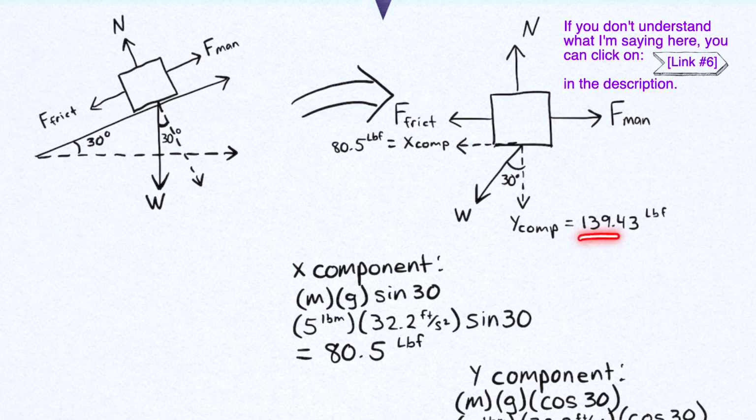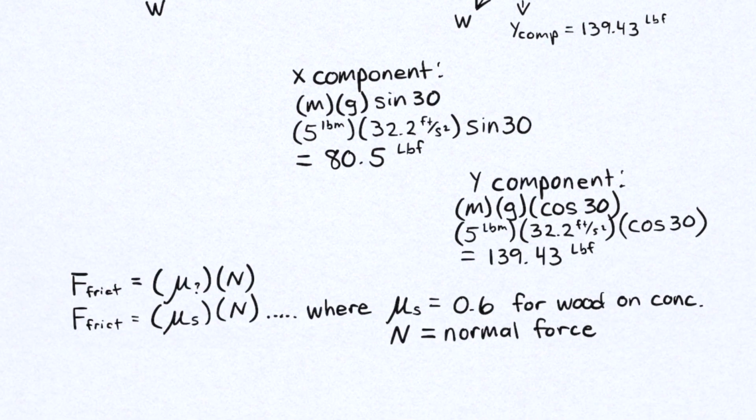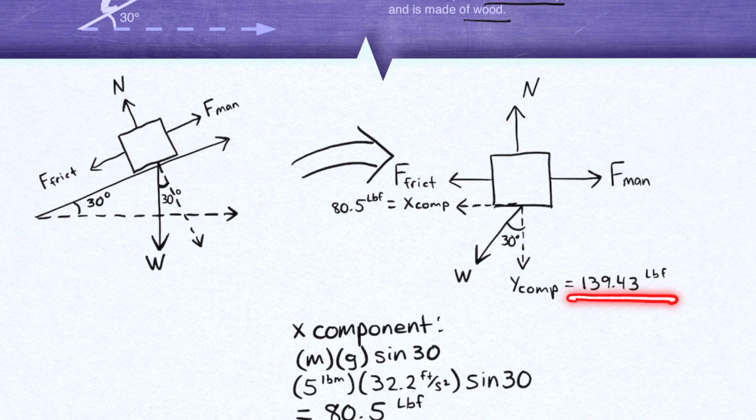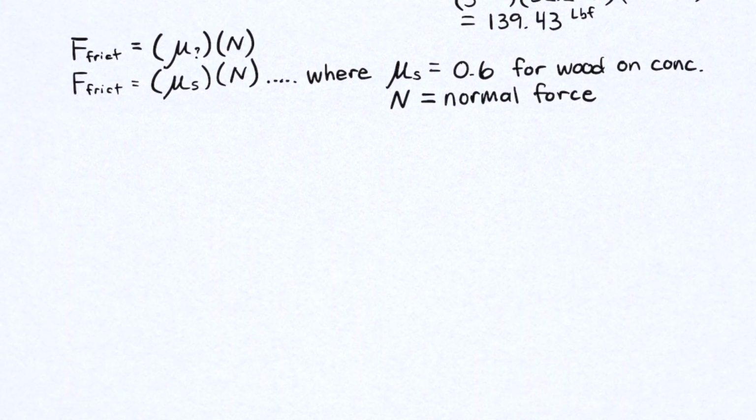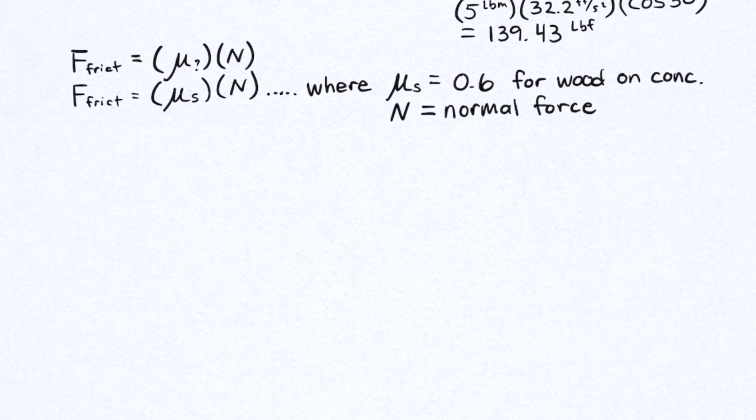So if 139.43 pounds of force is the y component, which is acting onto the floor, the normal force will then exert an equal and opposite 139.43 pounds of force back up onto the box for support. So we know that 139.43 is the y component. The normal force is the equal and opposite, so the normal force is going to be 139.43 pounds of force also.